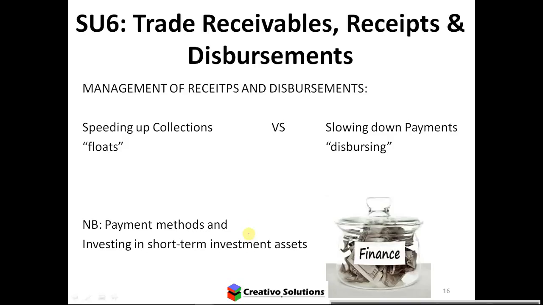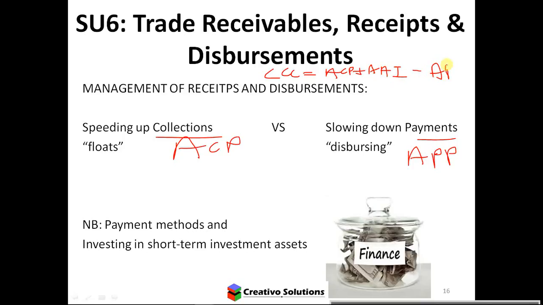If that's the case, you're not going to want to postpone your payment. Another area that you need to be concerned about is the collections. The collections refer to your ACP. Your payments refer to the APP. And we know that the cash conversion cycle is the ACP plus the AAI minus the APP. So we want this to be longer or shorter?